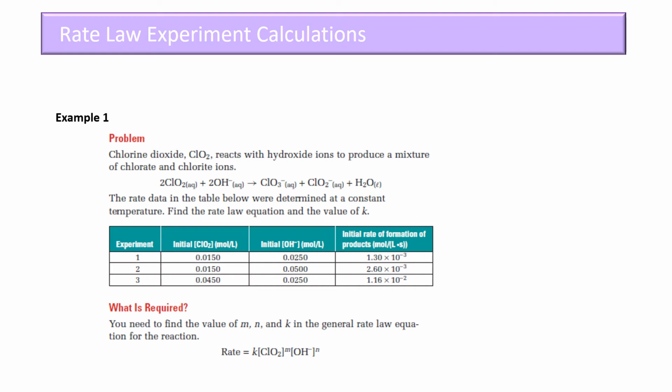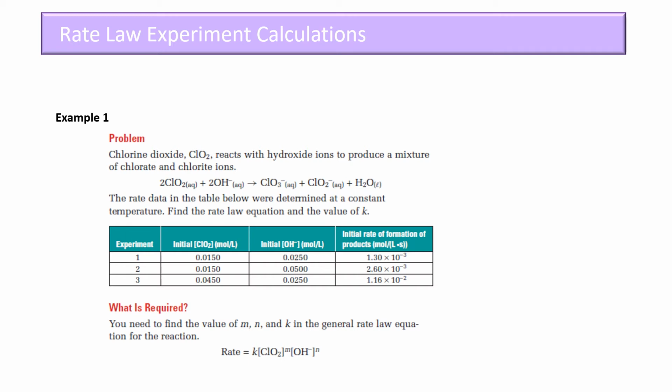So let's look at a problem. Chlorine dioxide, ClO2, reacts with hydroxide ions to produce a mixture of chlorate and chlorite ions.